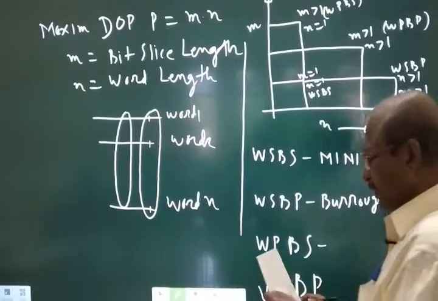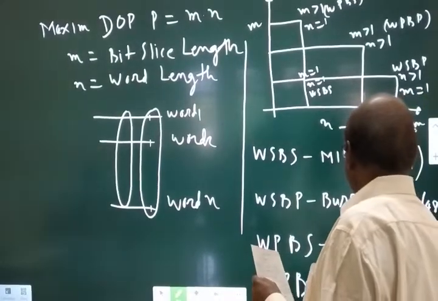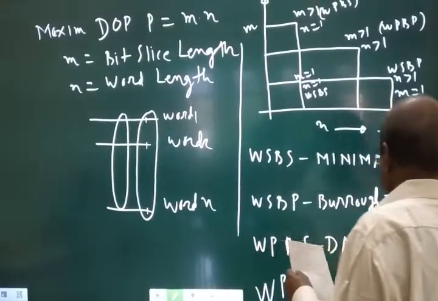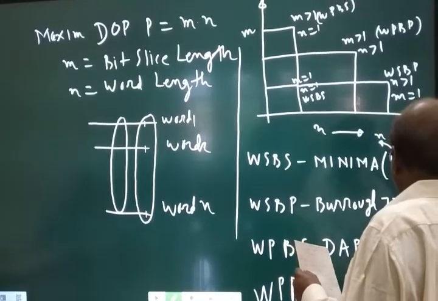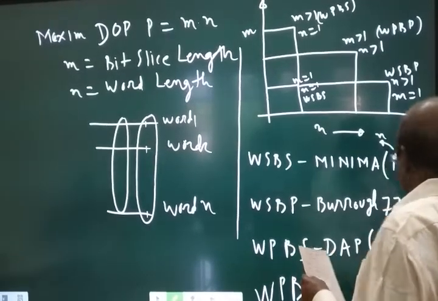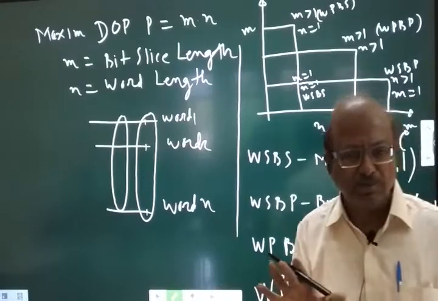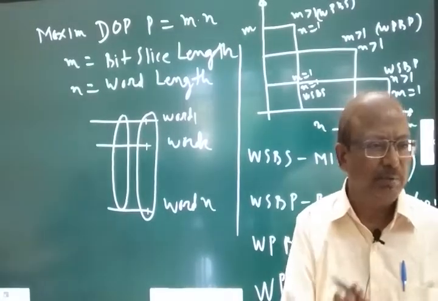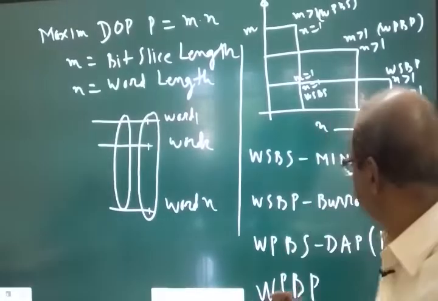Word parallel bit serial, DAP 4096. In the book of Briggs you will find more than one example. In order to simplify, I am giving only one example.